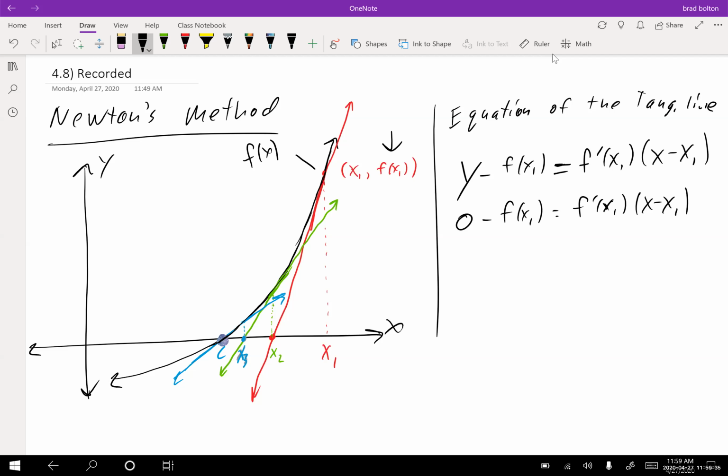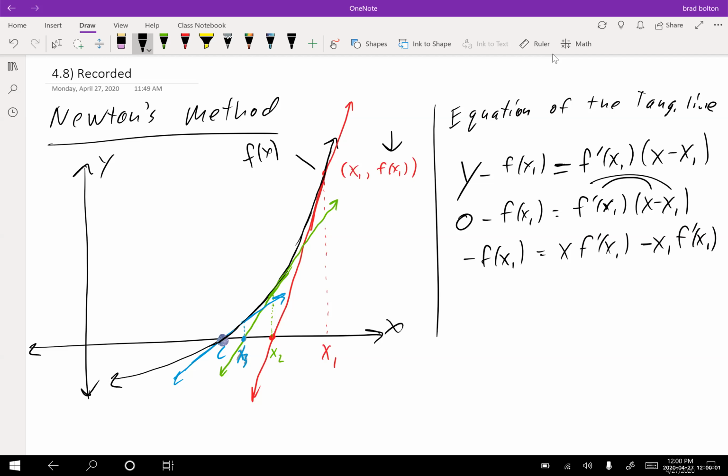Okay, so we can clean this up a little bit. So this will be negative f of x sub 1 equals x f prime of x sub 1 minus x sub 1 f prime of x sub 1. So I just distributed, right? So now, if I want to solve for x, I can move everything over.